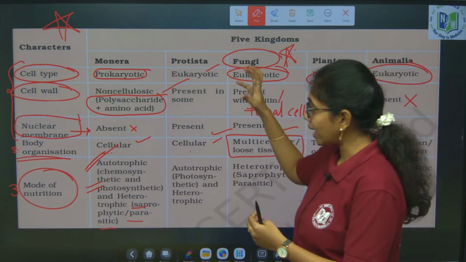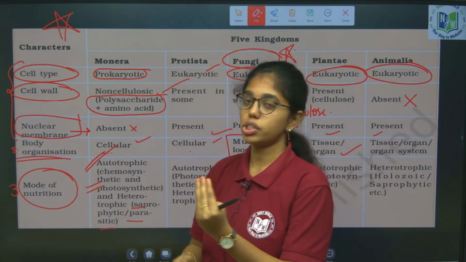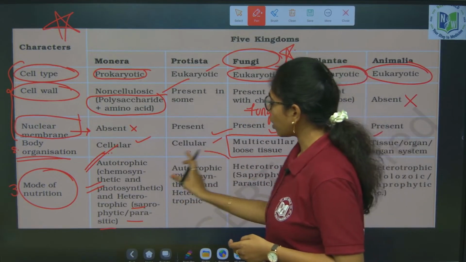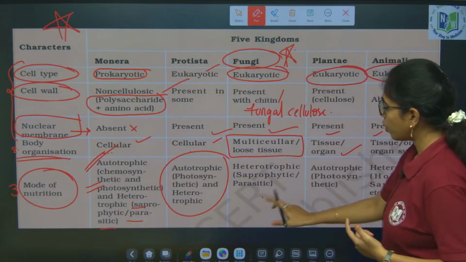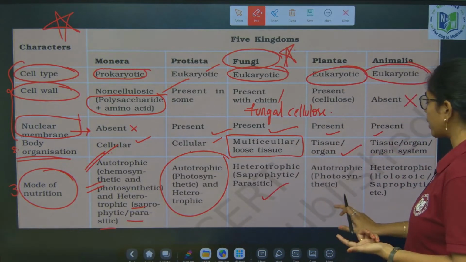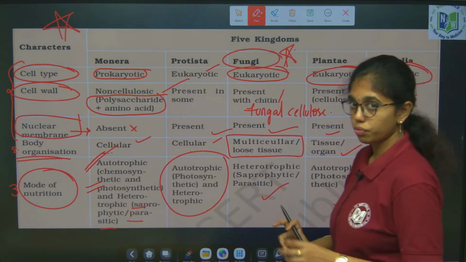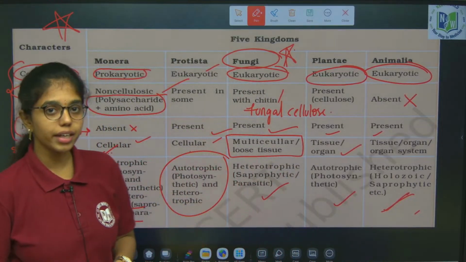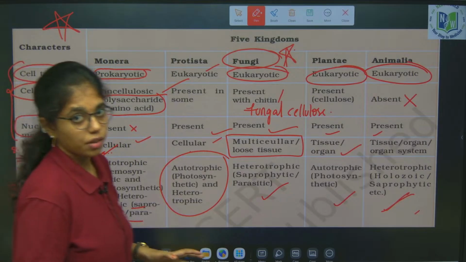You have to connect the theory given in the NCERT above and below the chart and look into the chart. Next, Protista also includes 2 types of nutrition, autotrophic and heterotrophic. Fungi only heterotrophic, Plantae autotrophic, Animalia only heterotrophic, which is the holozoic type of nutrition, whereas Plantae have the holophytic type of nutrition. So, this is all about the 5 kingdom system of classification.